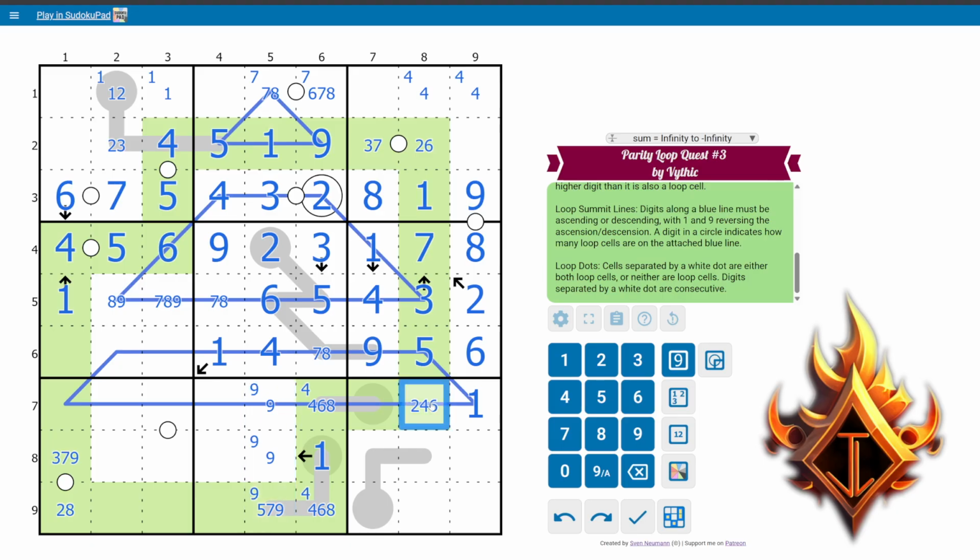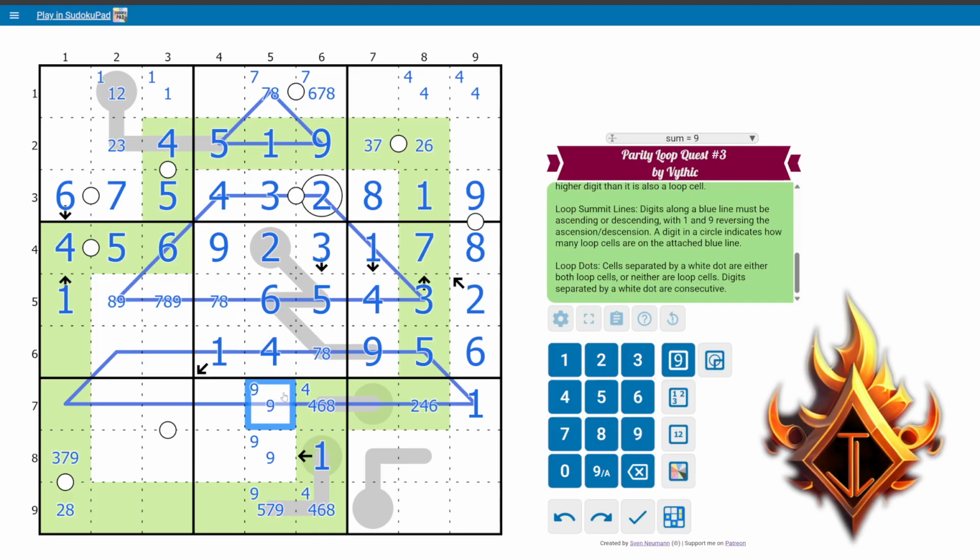Okay, what was I saying? 6 would be 7, 8, 9. And then we start going back down. We can't have a 1 or a 9 on this again.